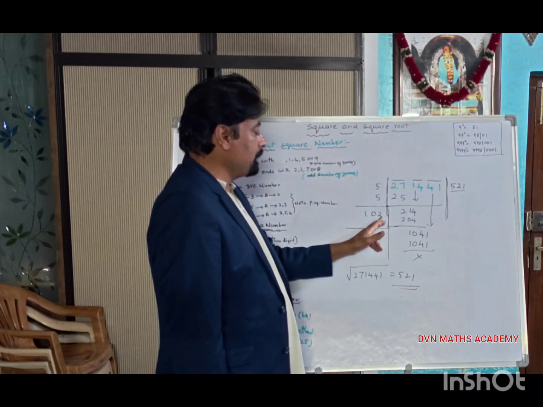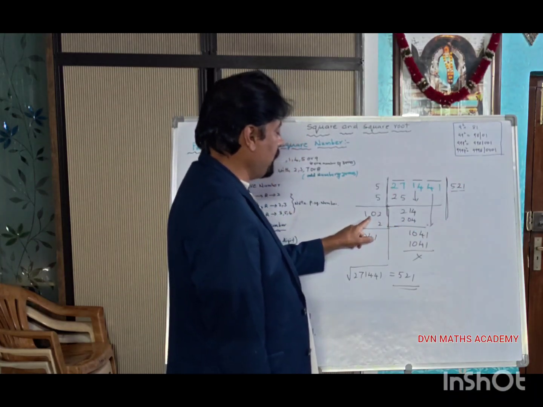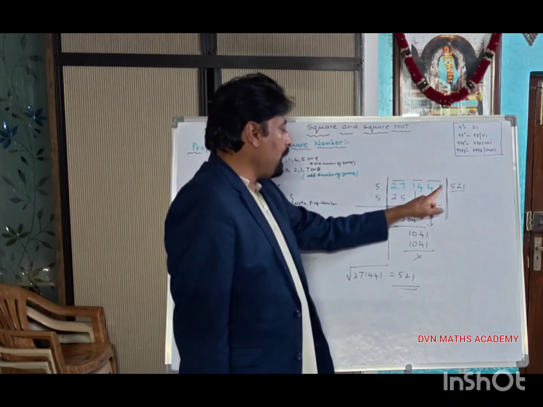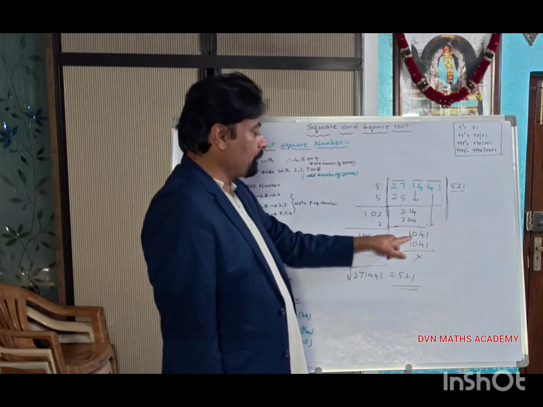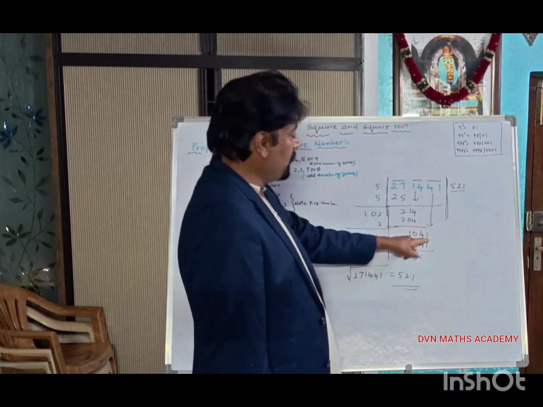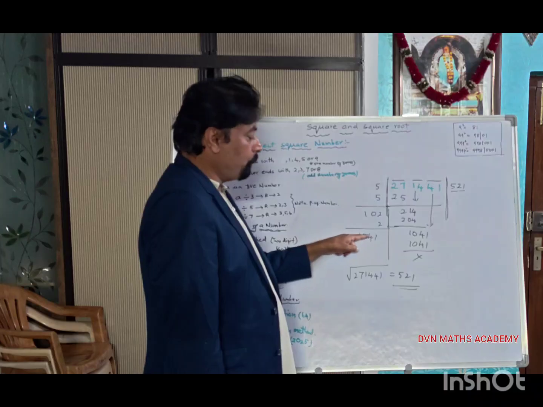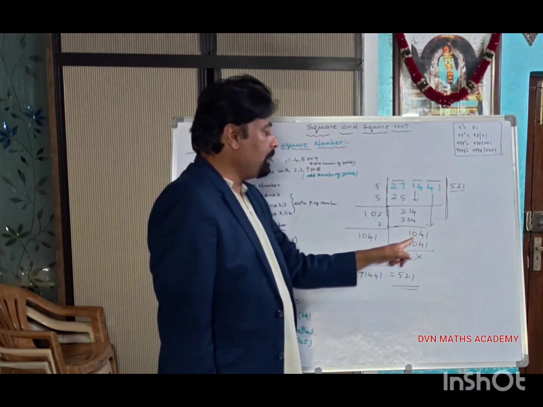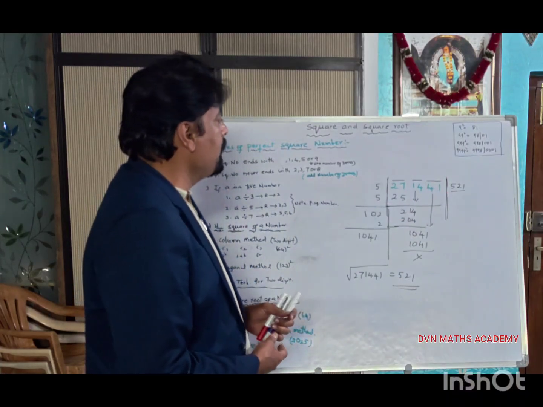And afterwards whatever digit you write here, the same digit you write here. So if I write 2, then it will become 102 twos are 204. Afterwards you will get 10 after subtraction, and you bring down the other 2 digits, and again you write 2 here and you add it, that will be 104. And afterwards if you write 1, 1041 ones are 1041, therefore 521 is the square root of the given number.